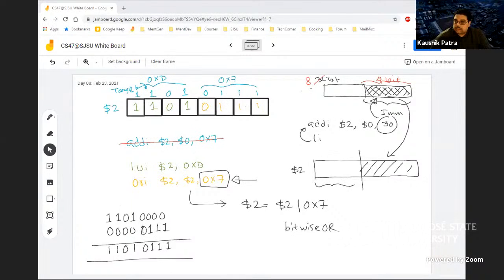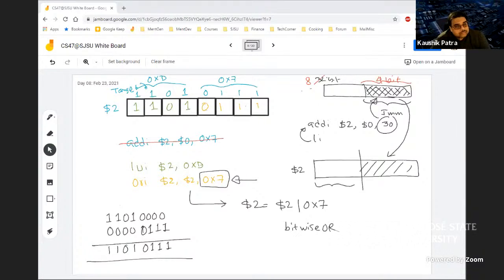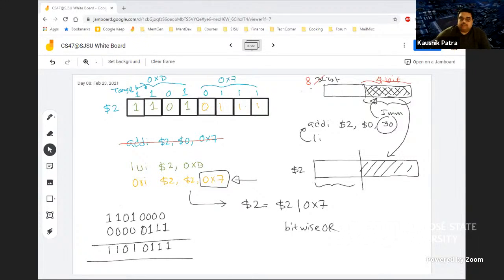Professor, I'd like to add a question onto this explanation. After load upper immediate, you use the ORI. Can we use ADDI instead of ORI over there? Because the ADDI anyway only affects the second half of the memory space, right? Okay.